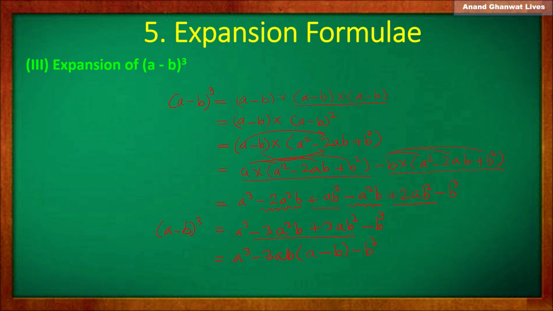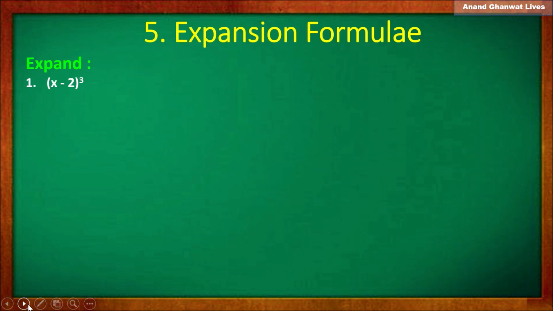Let us now solve some examples based on it. First example, the cube of x minus 2. Cube of the first term, that is x cube, minus 3 into x square into 2 plus 3 into x into the square of 2 and minus the cube of 2.